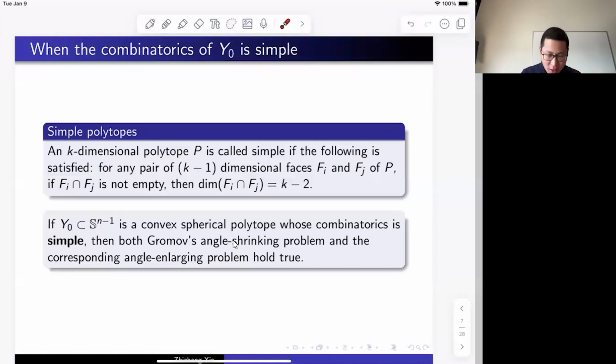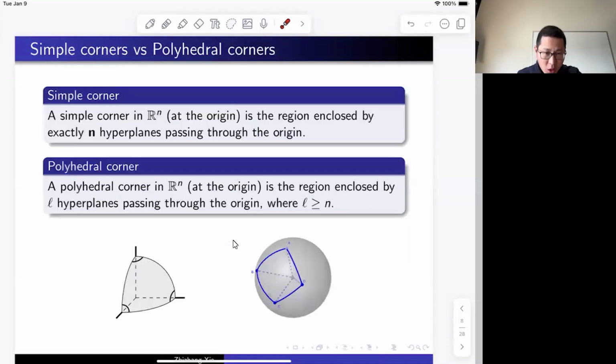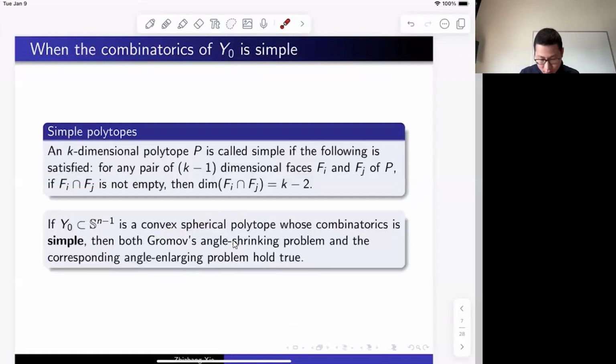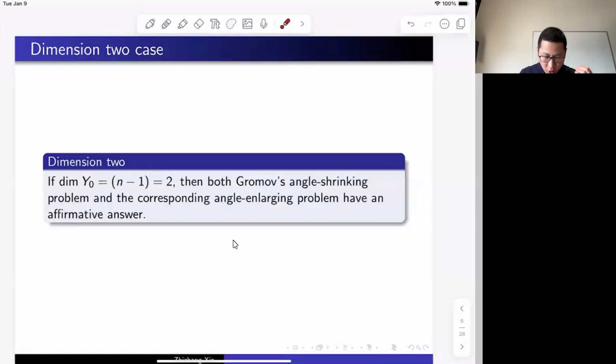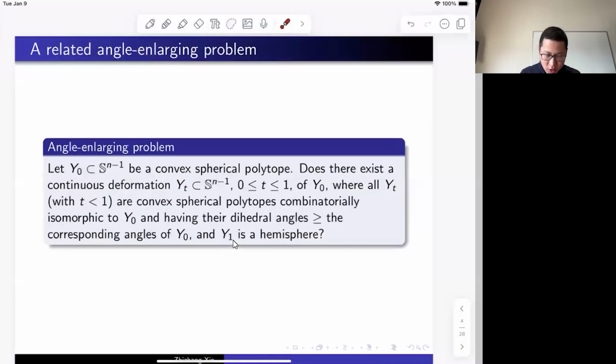So in this particular case, if this convex polytope is simple, then Gromov's angle shrinking problem has a positive answer as well. Okay. Now, as I said, this angle enlarging problem itself in complete generality is actually open.